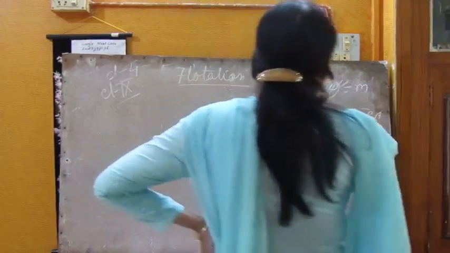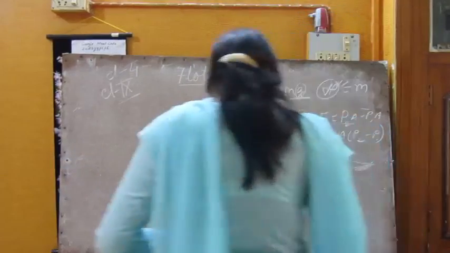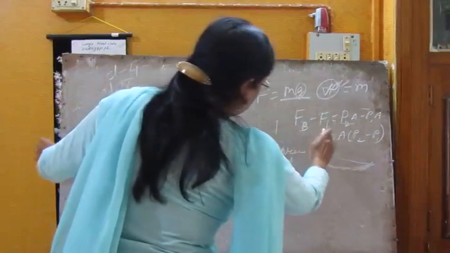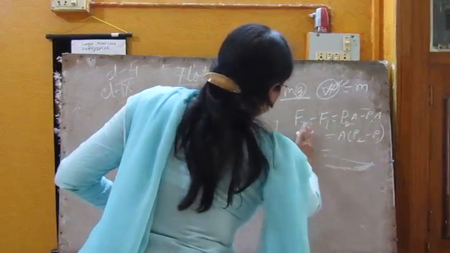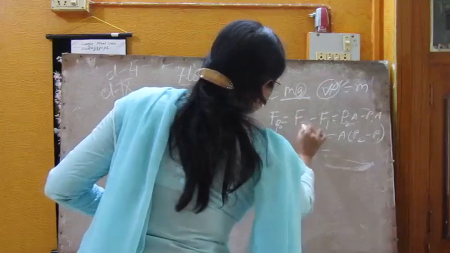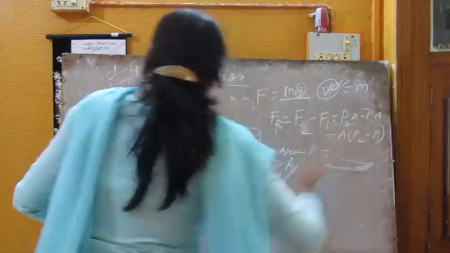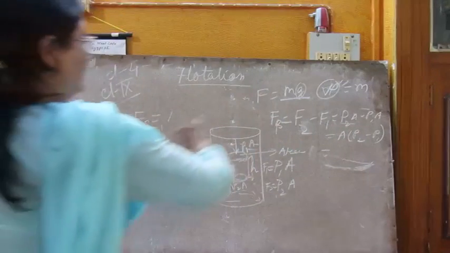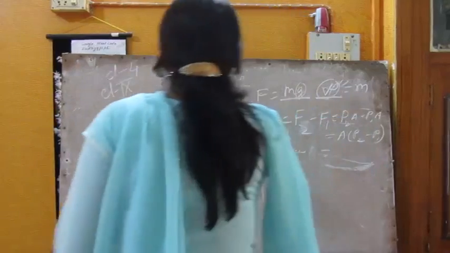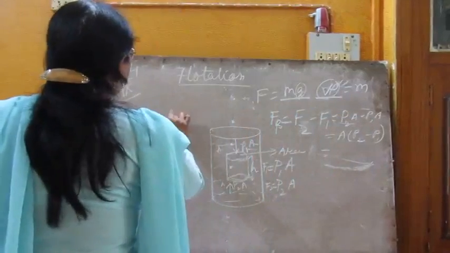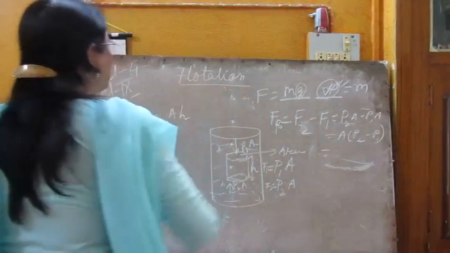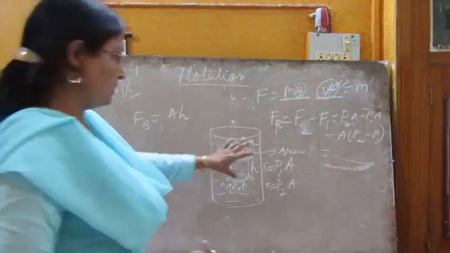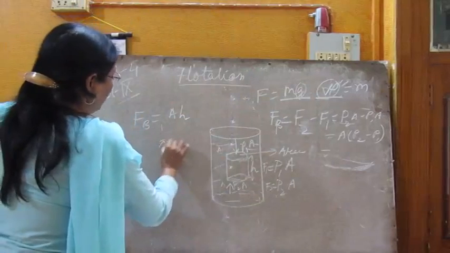So now I am writing here Fb, the buoyancy force, equals F2 minus F1. Now I can write V as A into H. Volume is A into H: for a cylinder, the volume is pi r square H, isn't it?